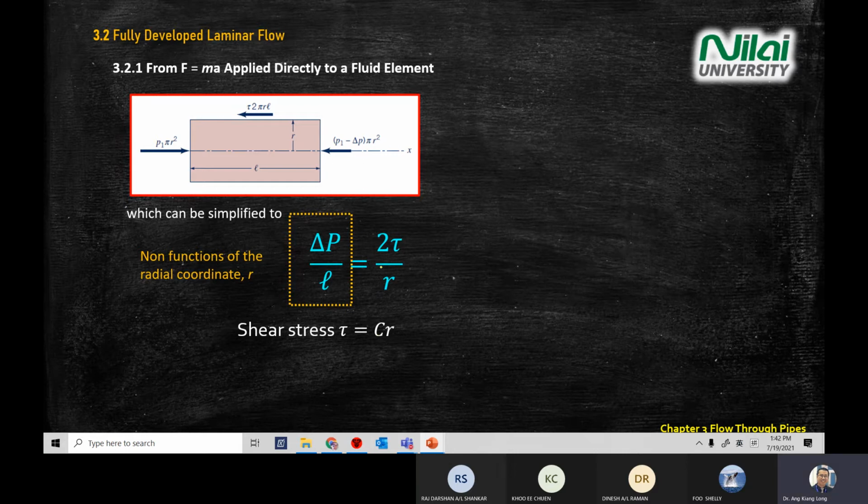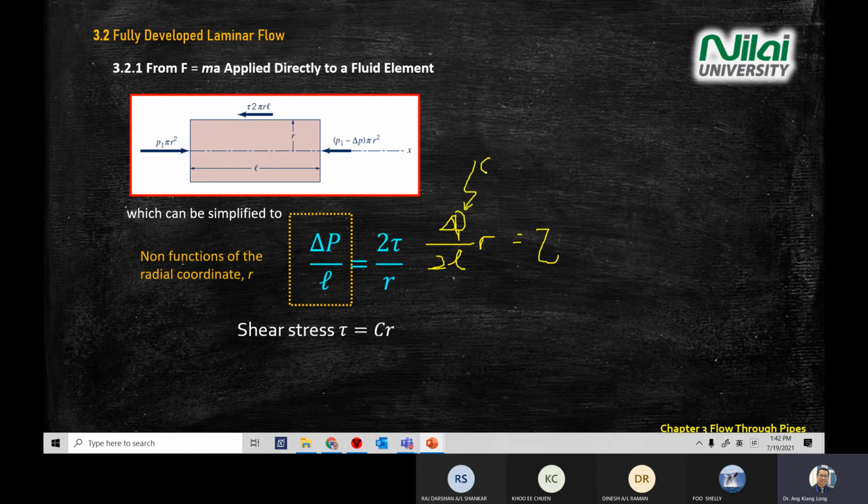If you rewrite this equation, delta P divided by L, and you pull your R to the left-hand side, and divided by 2, you get a constant.